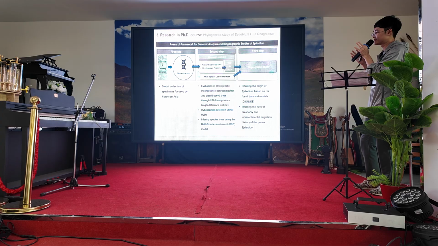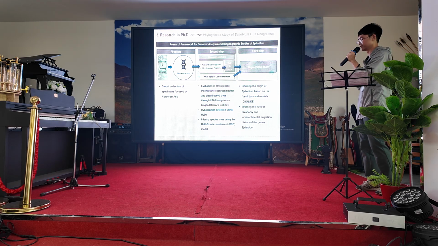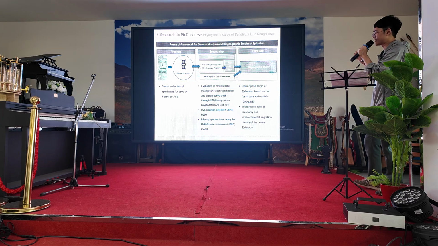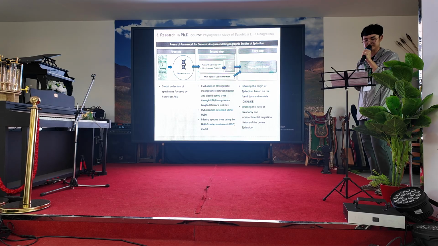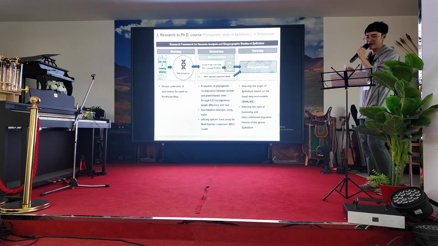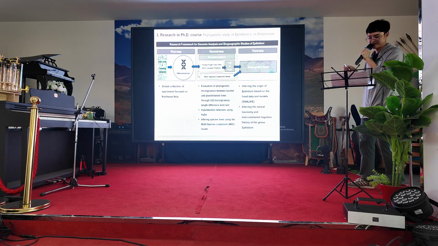If low phylogenetic congruence is detected, I will perform hybrid tests to evaluate hybridization as a potential cause. Furthermore, to infer a robust phylogeny, I will apply multispecies coalescent model analysis.